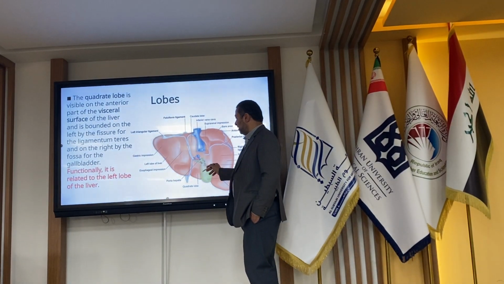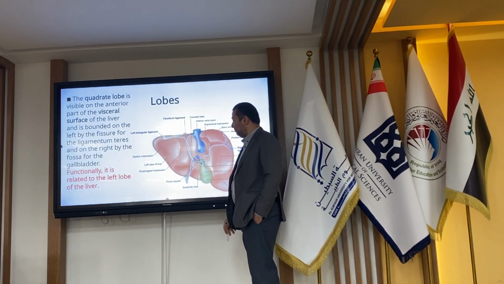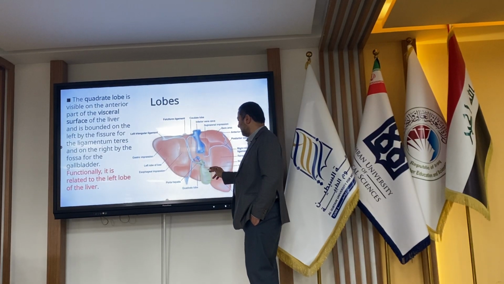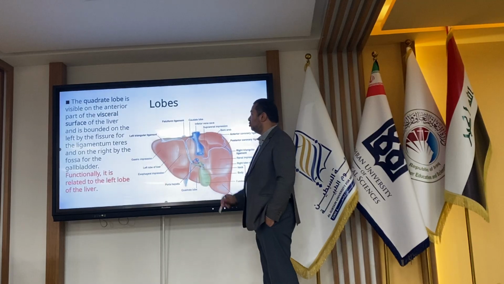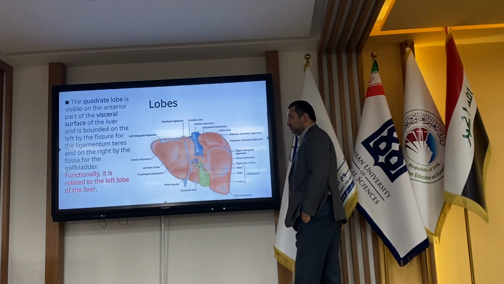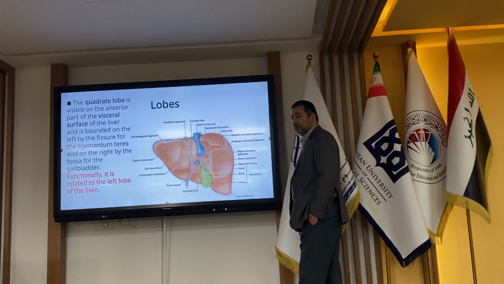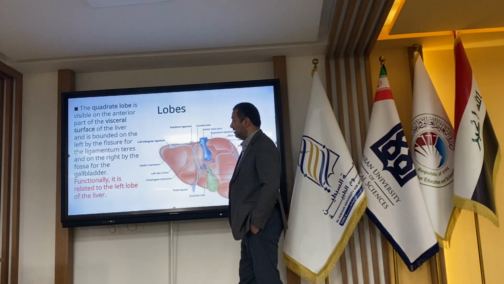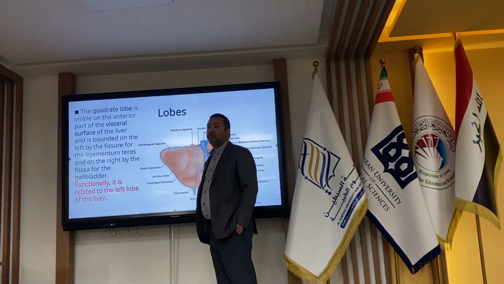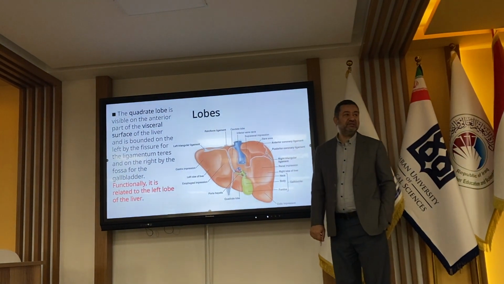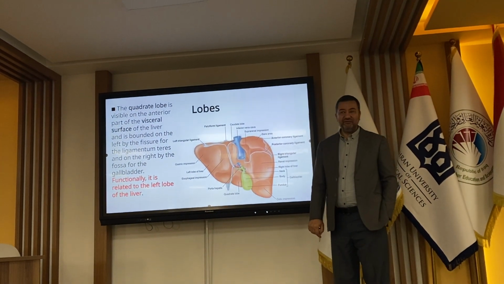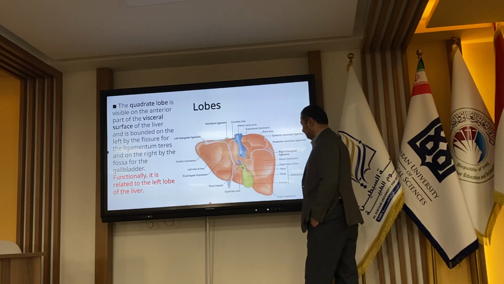I told you anterior to the porta hepatis, between ligamentum teres hepatis and gallbladder, this lobe is called quadrate lobe. Quadrate lobe functionally is related to the left lobe of the liver.